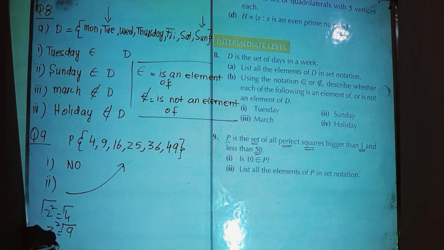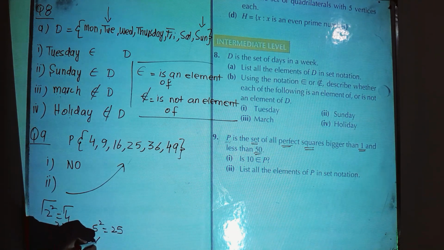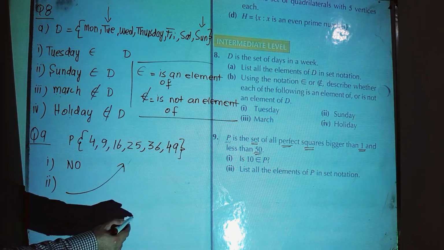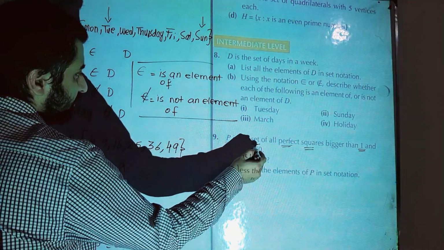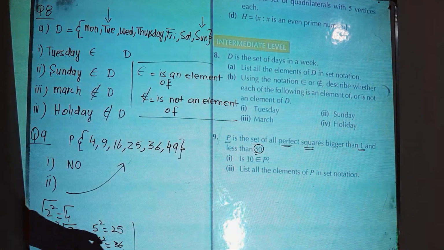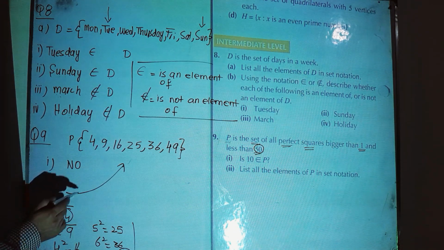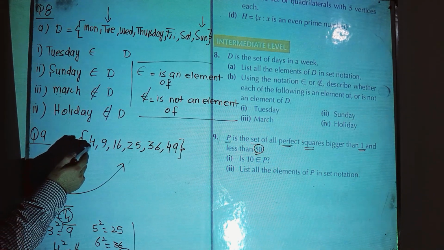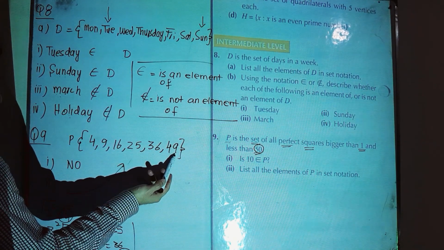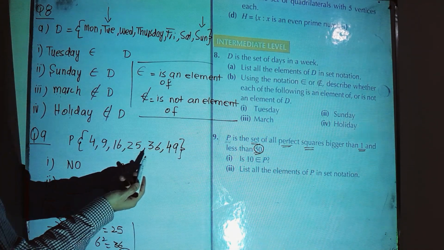Now 4 square is 16, 5 square is 25, 6 square is 36, 7 square is 49. I'm limiting my squares over here because they have to be less than 50 and bigger than 1. So these all are perfect squares bigger than 1 and less than 50: 2 square, 3 square, 4 square, 5 square, 6 square, 7 square.